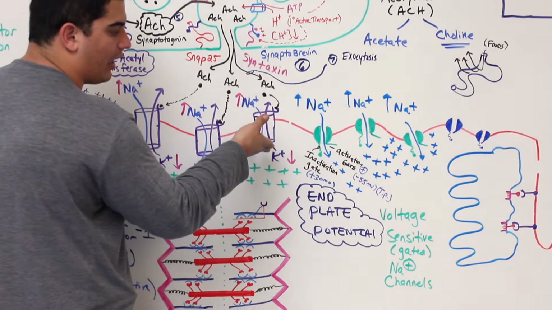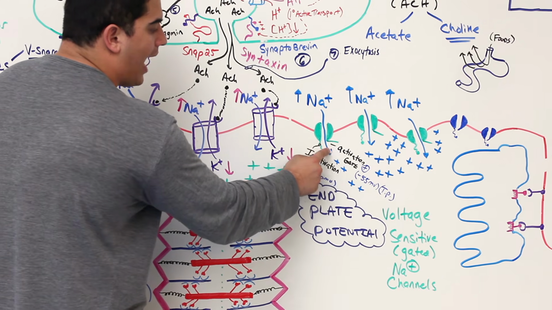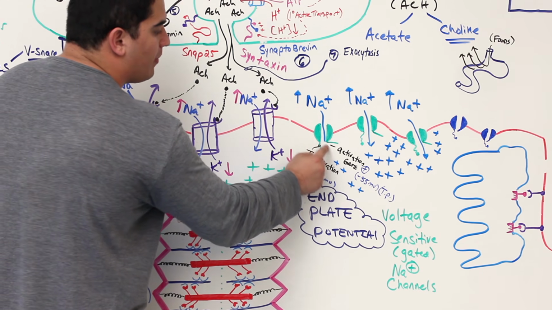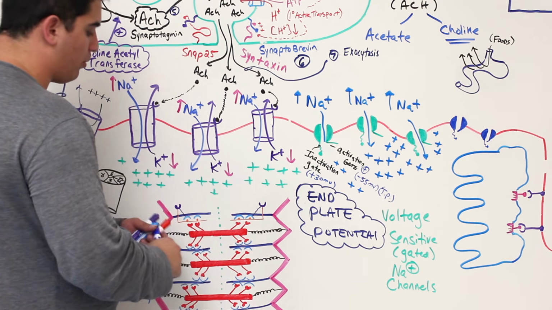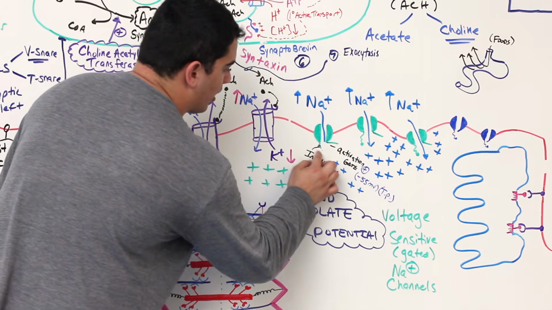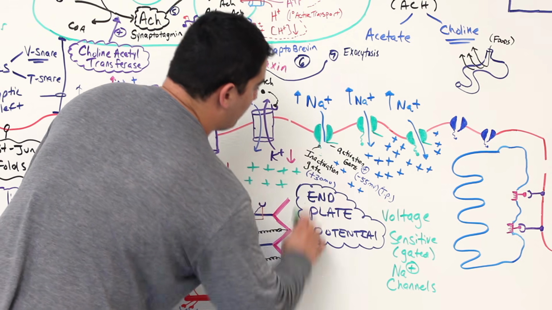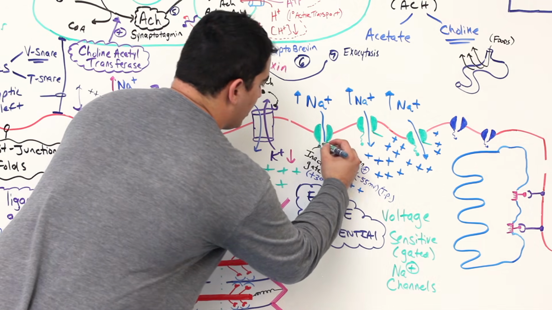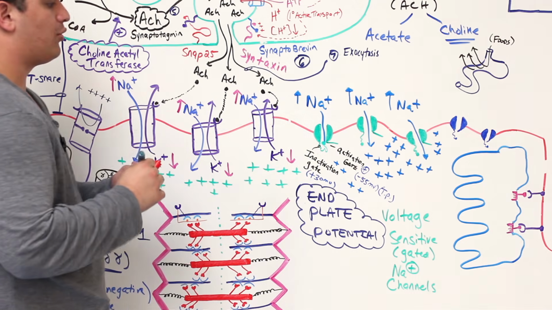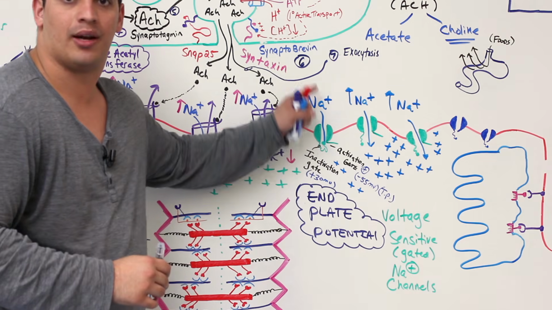Generally, it wasn't blocking. But once it reaches positive 30 millivolts, the highest point of depolarization, look what happens. It flips that big ball in there and blocks this channel, and now sodium can't come rushing in.